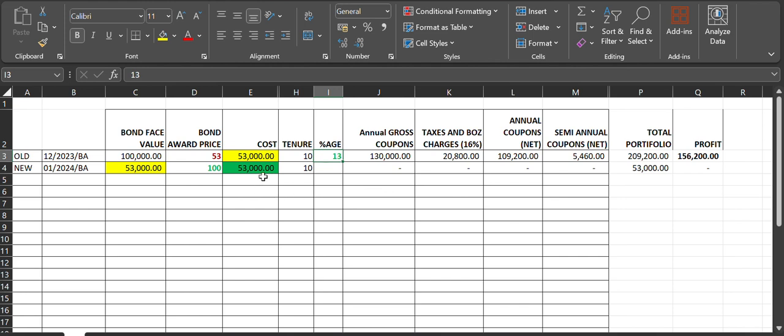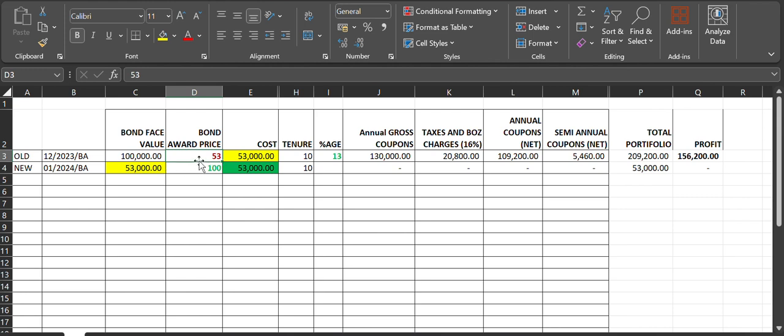But when you went into the auction, you didn't know the award price. So the award price was the discount. 53 is a very good average for most of the 10-year bonds. And so for our calculation, we'll go with 53.